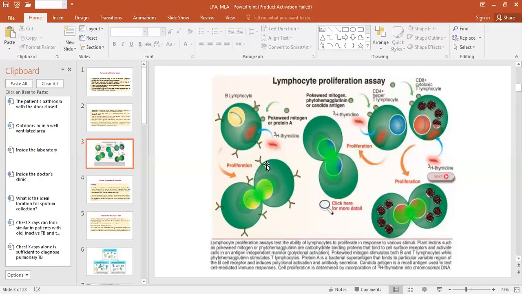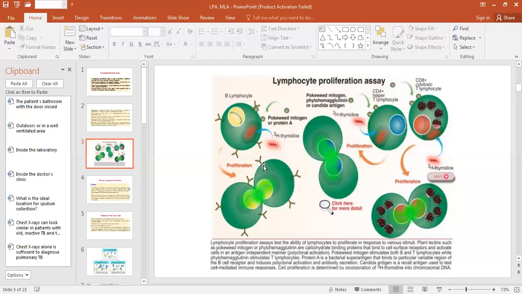Cytokines such as interleukin 2 can also stimulate T cells to proliferate, and the T cells proliferate in an IL-2 concentration dependent manner. So the level of T cell proliferation can be used as a measurement of IL-2 concentration.